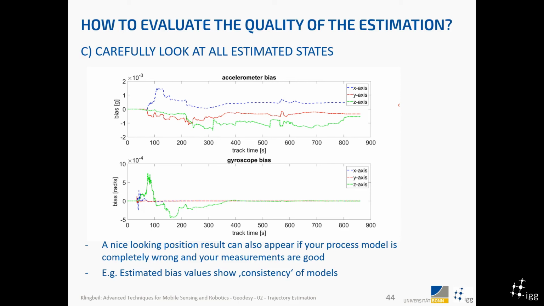It could be, for example, that your process model, so your prediction step, is completely wrong, but your measurements are so good that they basically override all the wrong predictions that you have done in each step. So if you trust your measurement and your measurements are good, then the filter result can look nice.